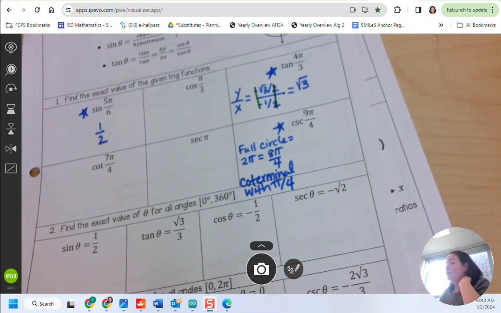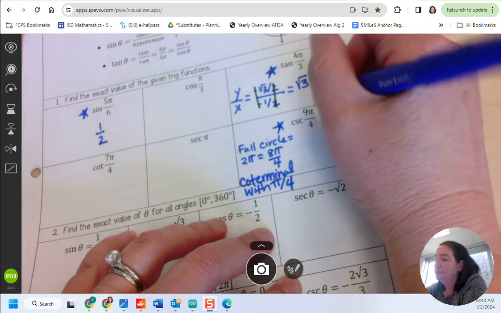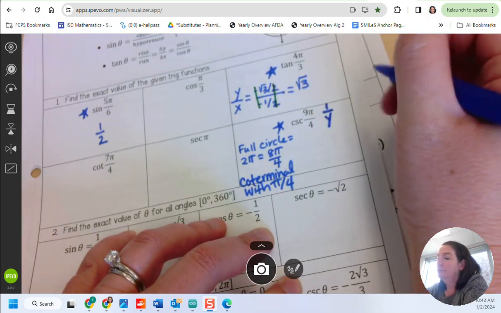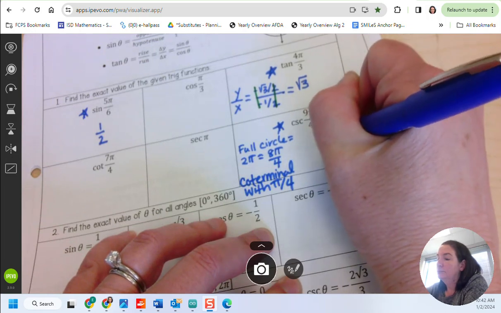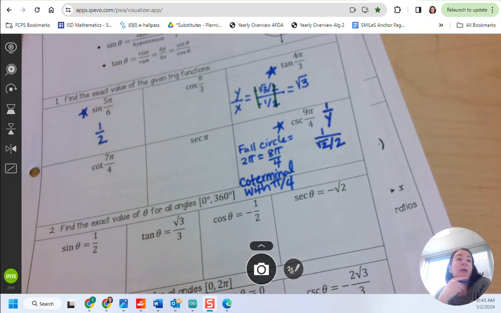So we have to do the reciprocal of sine, right? So it's 1 over y. Cosecant is the reciprocal of sine, right? Okay, so cosecant is 1 over the y. The y of the point is root 2 over 2. So it's 1 over root 2 over 2.